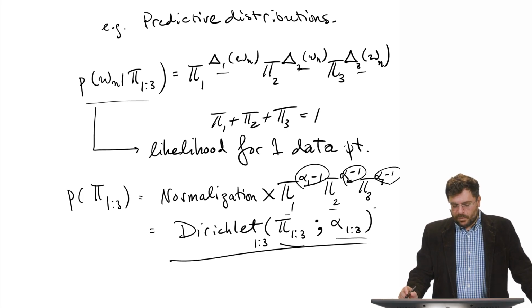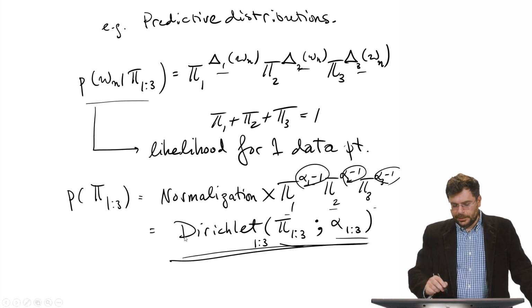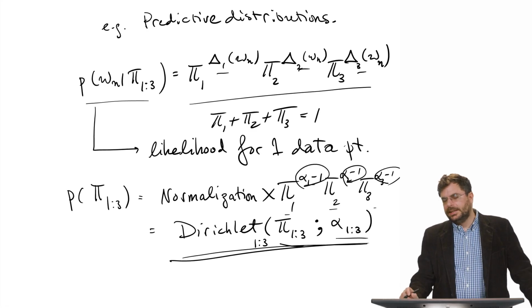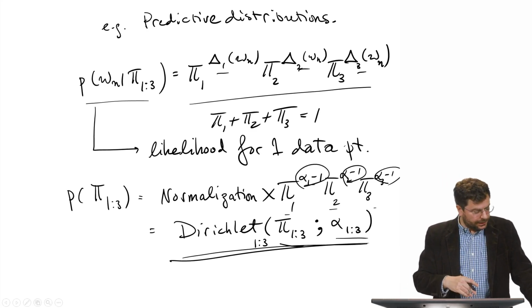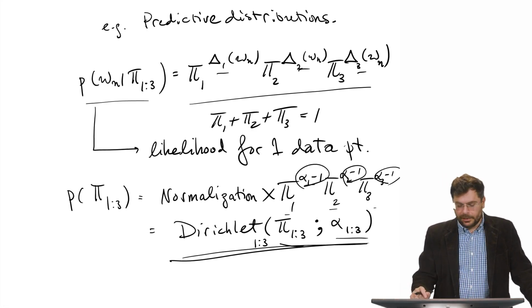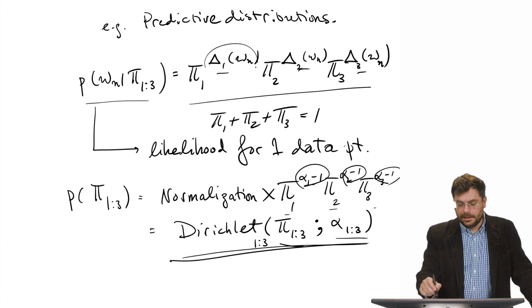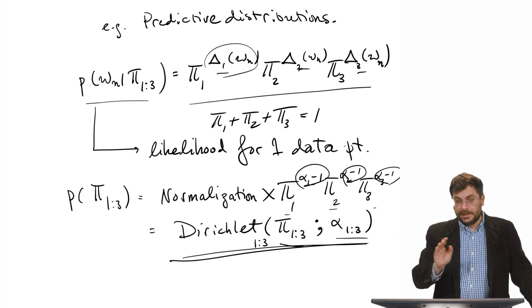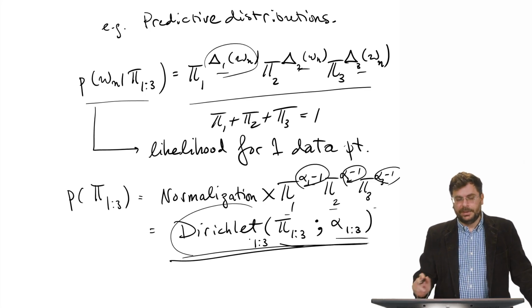Now, if I multiply the Dirichlet distribution by my likelihood, especially a likelihood involving very many draws, W 1 to n, I will notice that my posterior will also be Dirichlet.